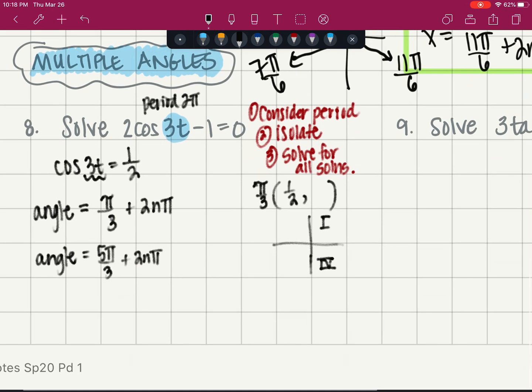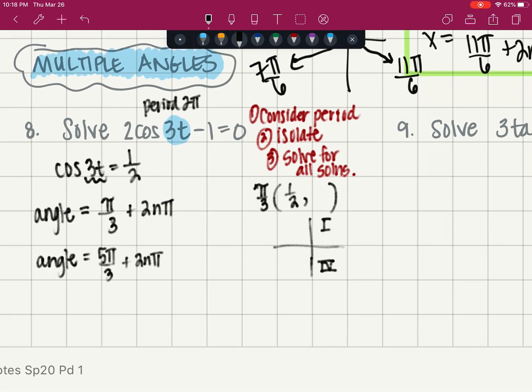So that's easy enough to understand, right? However, what is our angle? Well, our angle is 3t. So 3t equals pi over 3 plus 2n pi. 3t equals 5 pi over 3 plus 2n pi.